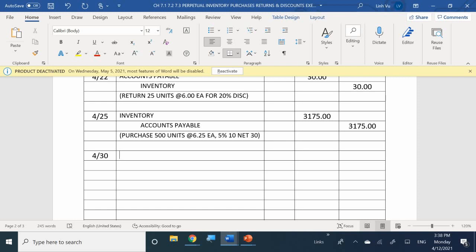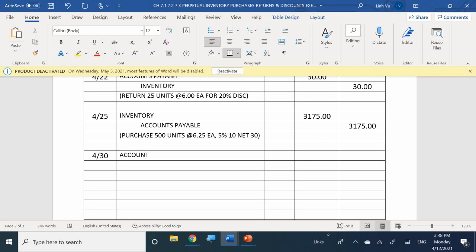We're paying. So then you wouldn't credit accounts payable. No, you wouldn't. What would you do instead? Oh, wait a minute. Would you debit the accounts payable? Correct. Credit your checking. Good, because we're paying off what we owe.